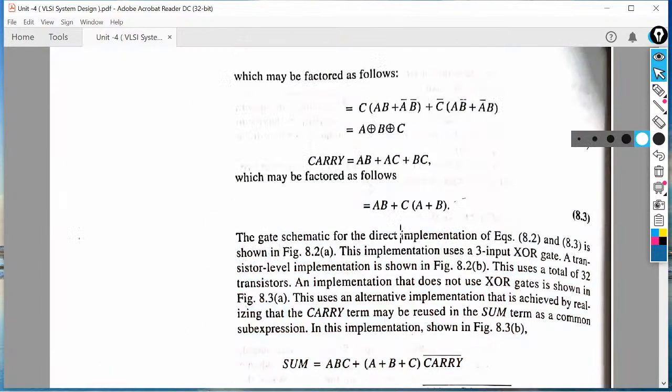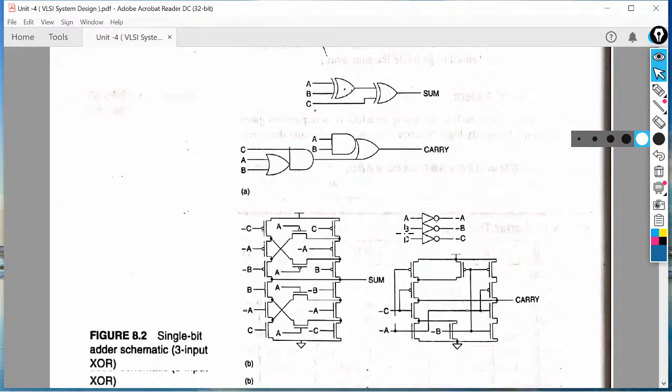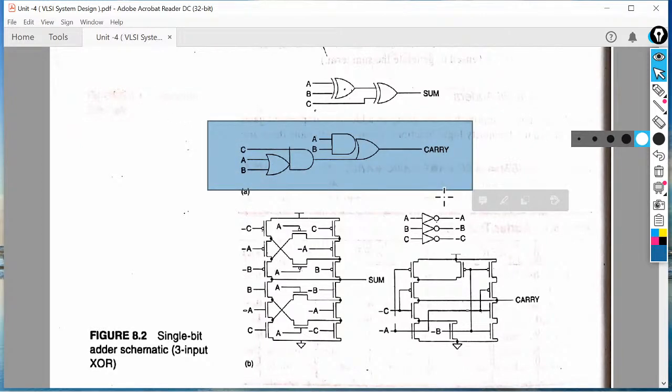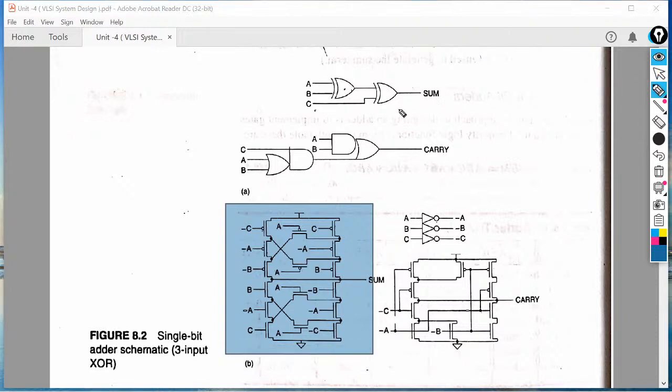Same as to design the carry function, we use the below mentioned gate structure. And when we design this gate level structure at the transistor level, then the circuitry will look like this one.